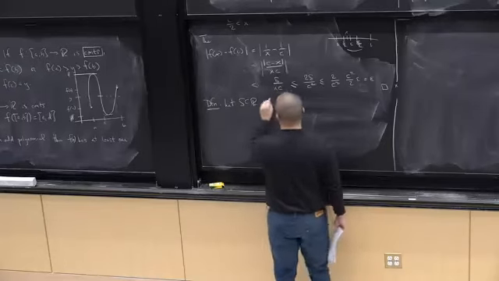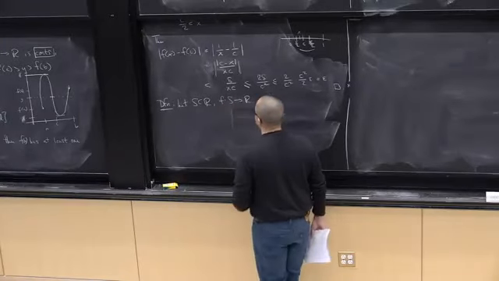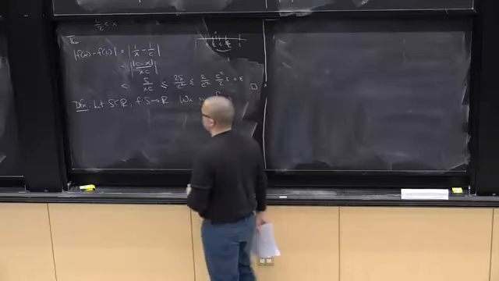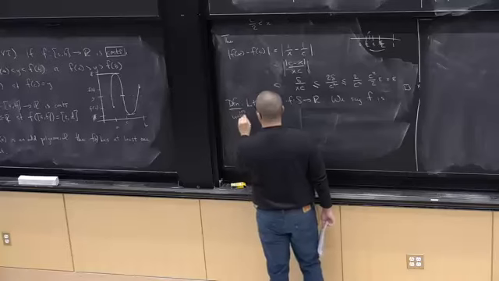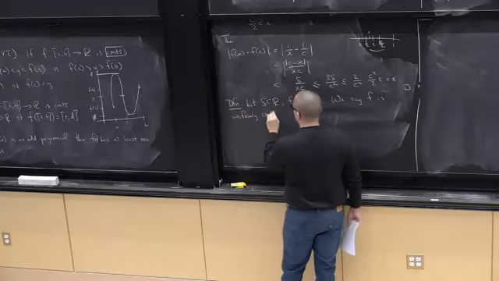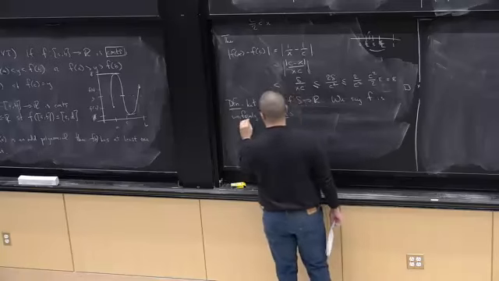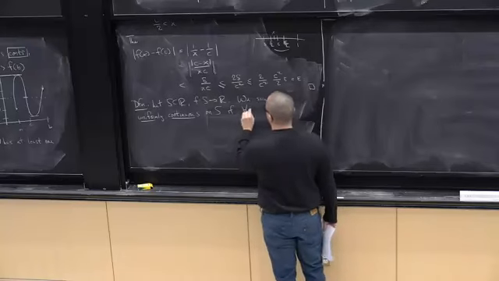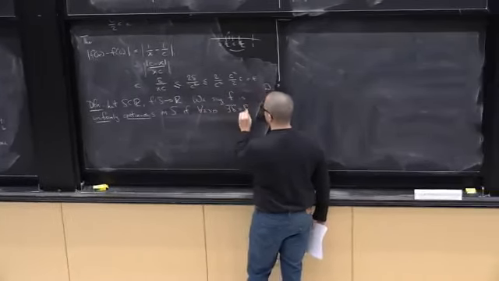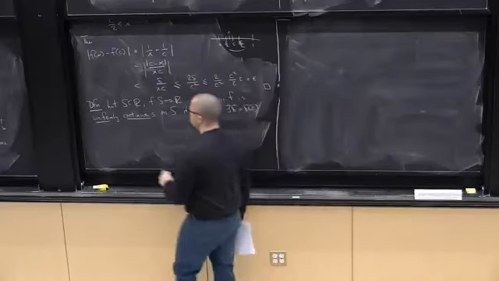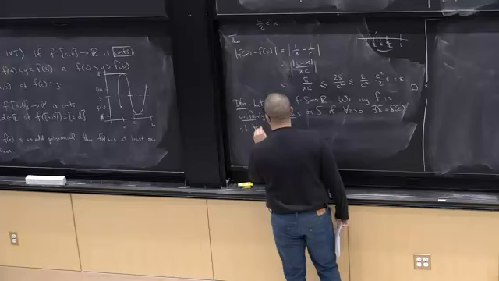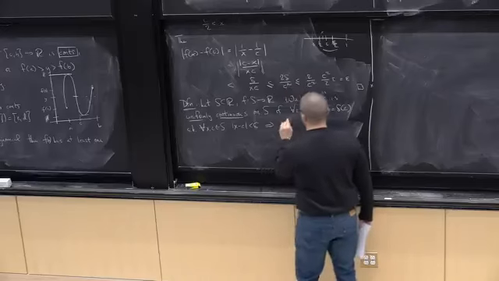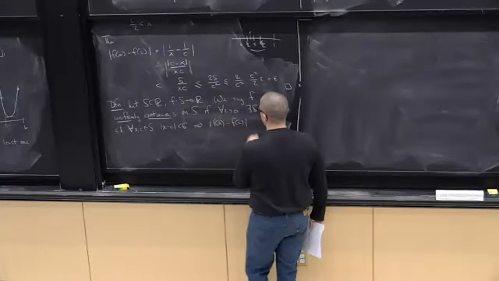Let S be a subset of R, f going from S to R. We say f is uniformly continuous on S if, for all epsilon positive, there exists a delta depending only on epsilon such that for all x, c in S with |x minus c| less than delta, we get that |f of x minus f of c| is less than epsilon.